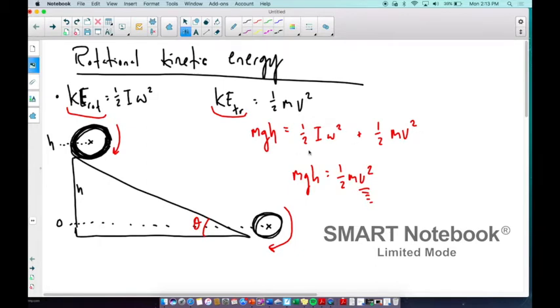In other words, taking into consideration the fact that it's rotating, that it's rolling, that it's going to have some rotational motion and therefore some rotational kinetic energy, means that there's less energy available for its translational velocity. Translationally speaking, it's going to be going more slowly. Okay? So just keep that in mind.